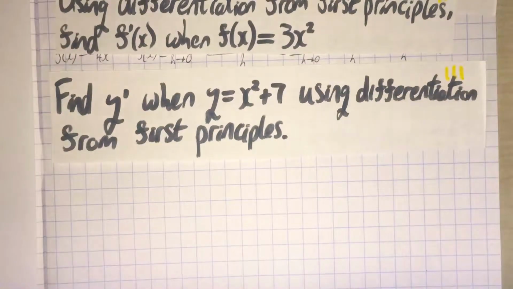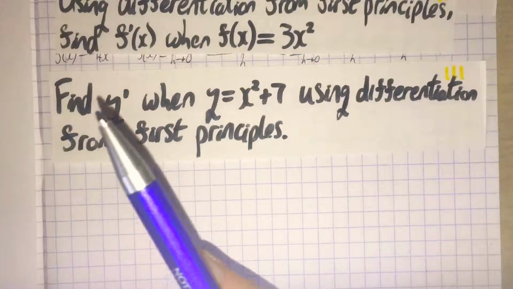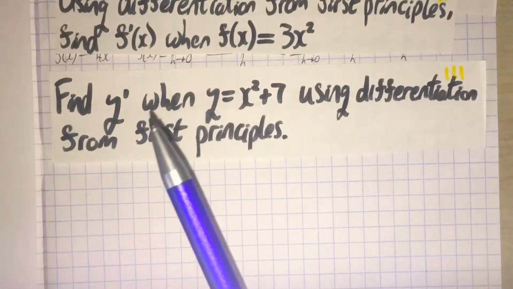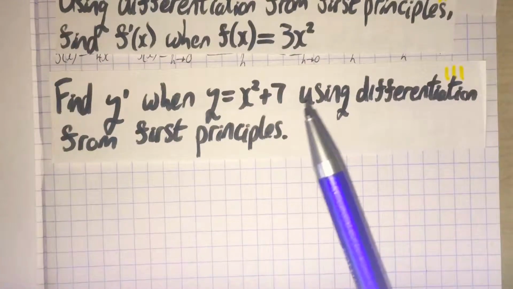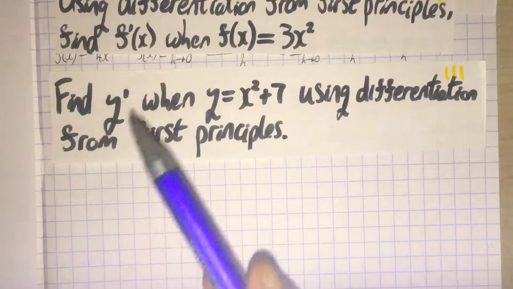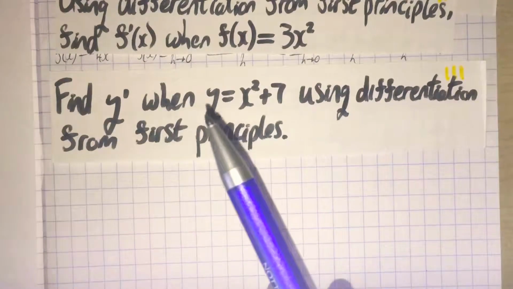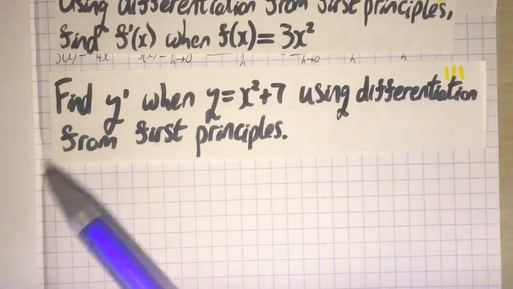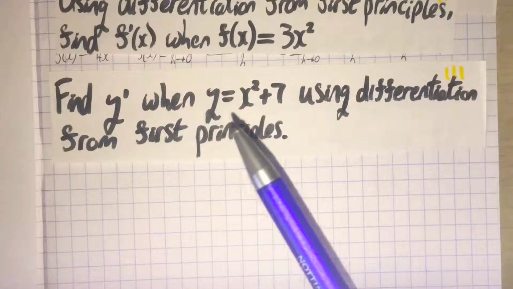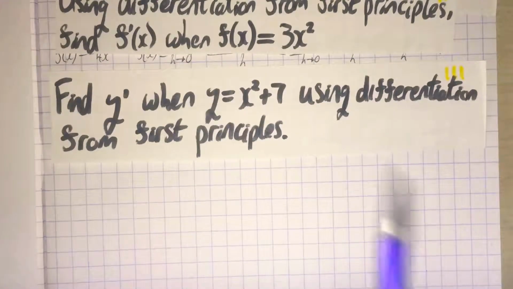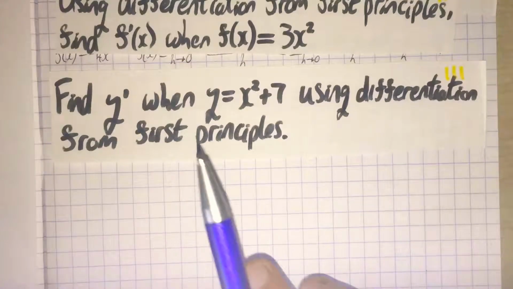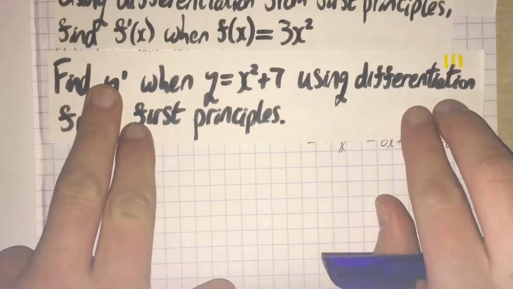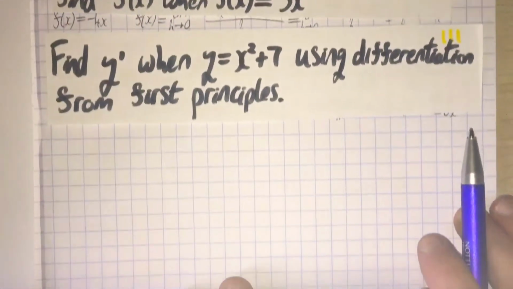So, find y primed when y is equal to x squared plus 7. That's just another form of notation for f dash of x, the differential equation of y, or f of x, using differentiation from first principles. Sounds familiar.